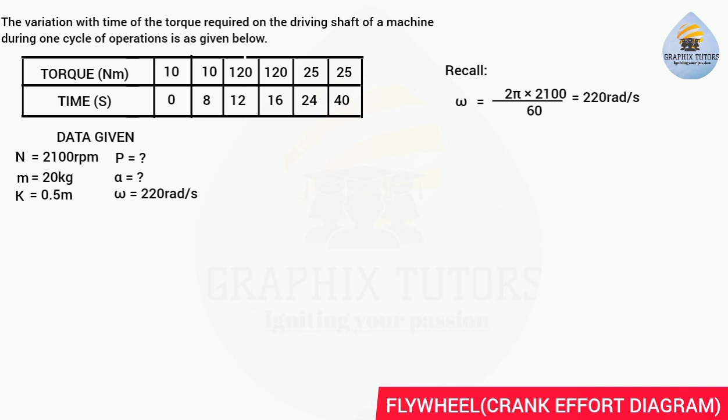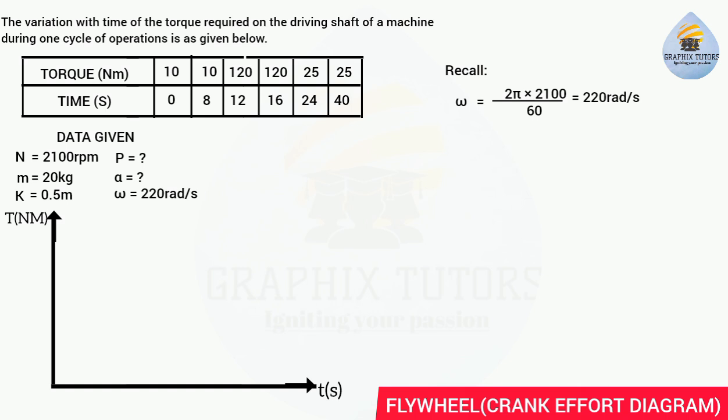Now the next thing we'll do is to tabulate the readings given on that table on a graph. You can use any, just more like a sketch. So we are plotting the torque against time. The vertical will be for the torque in Newton meter, and the horizontal will be for the time in seconds.